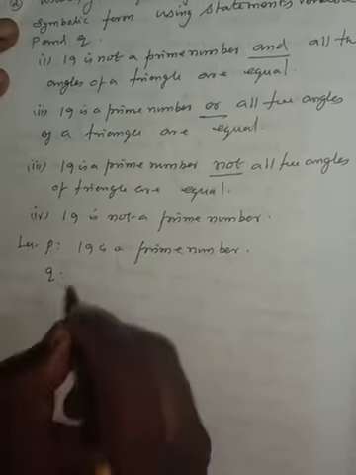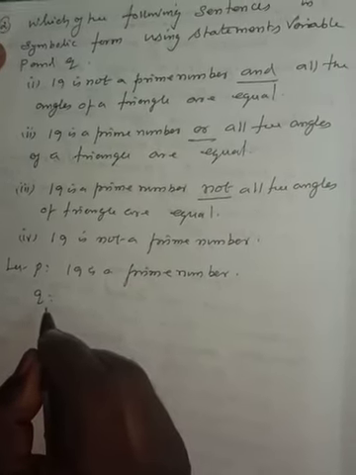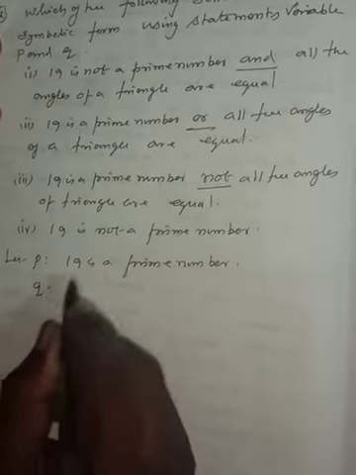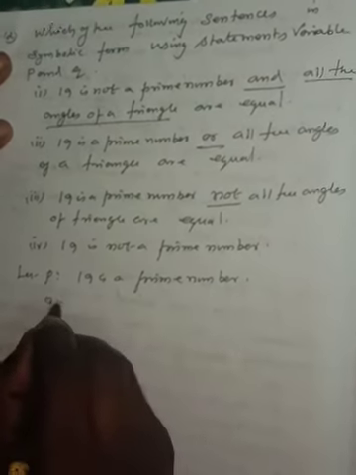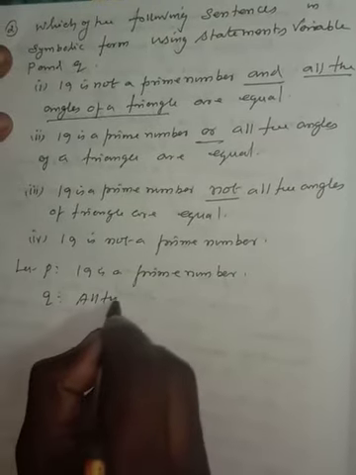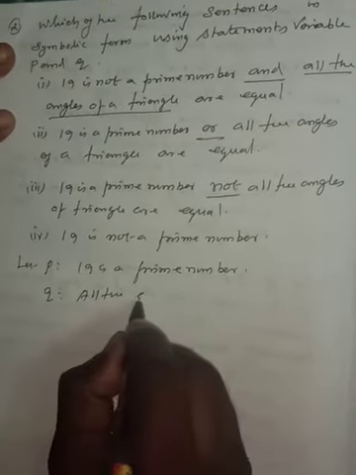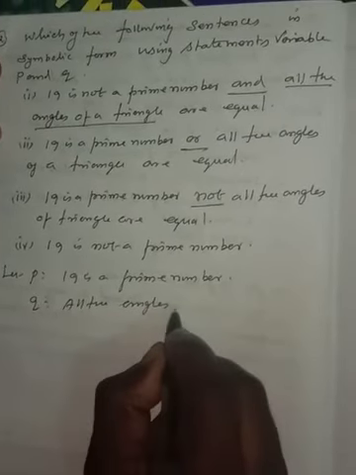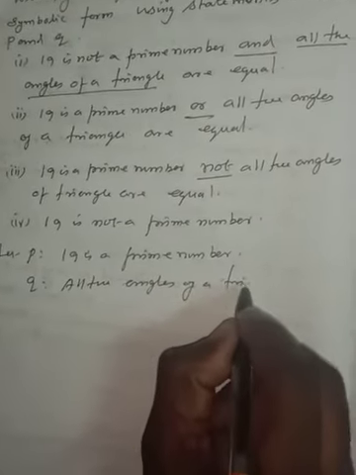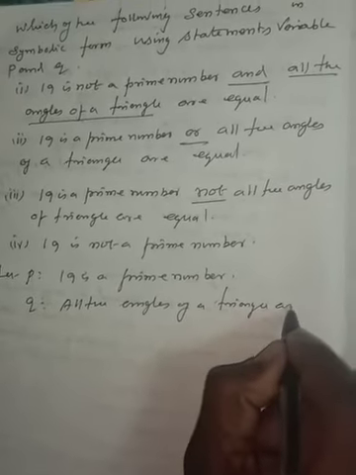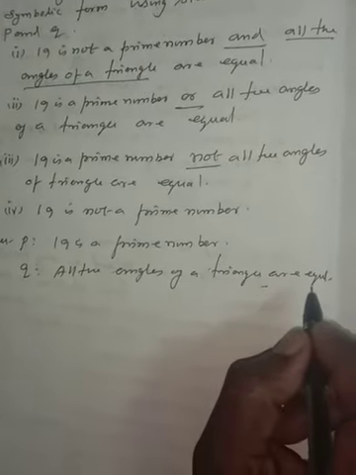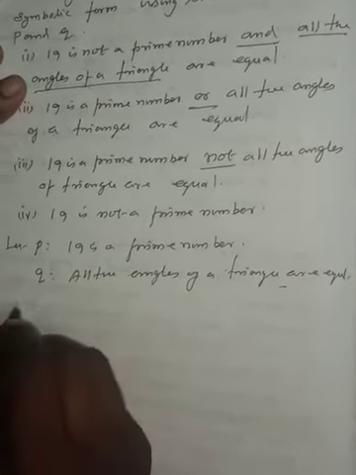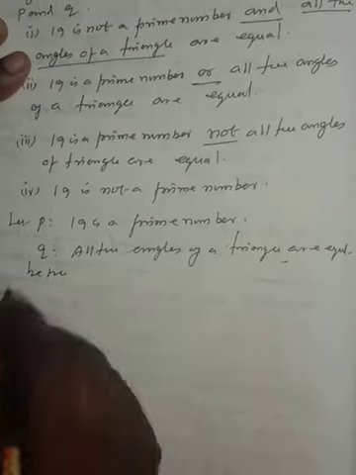Q is all the angles of a triangle are equal. Be the simple statements.